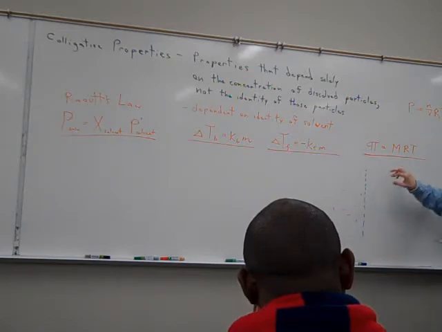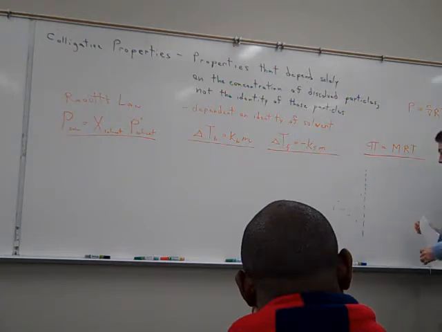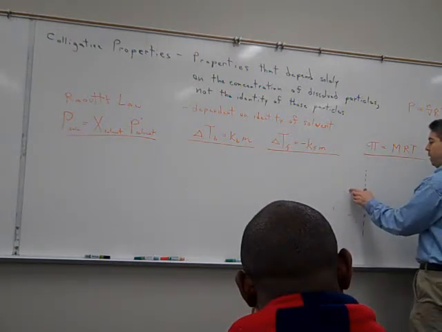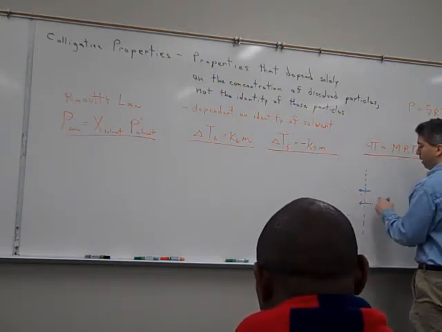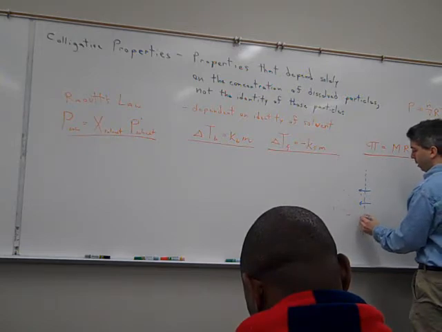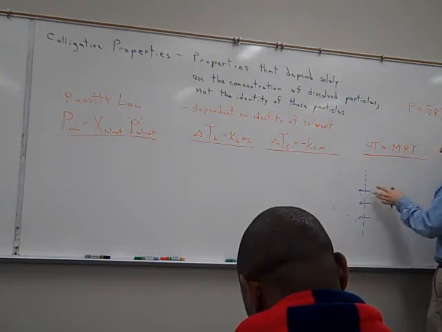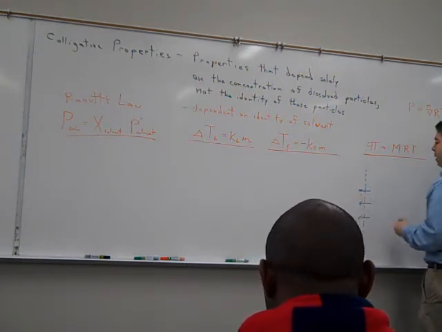Since this side has a higher concentration of water, in other words, it's less concentrated with solute, the water is going to be pushed from this side over to this side, in order to dilute the left side and make it the same concentration as the right side. And that pressure, that pushing of water from the less concentrated side to the more concentrated side, is called osmotic pressure.